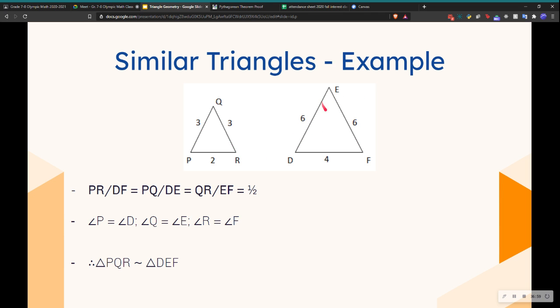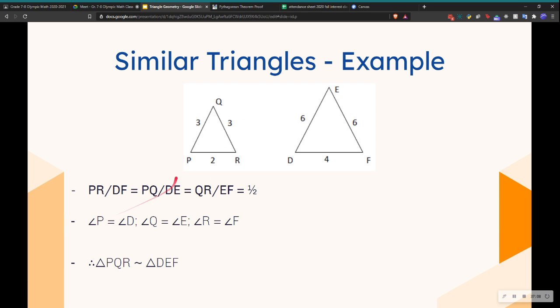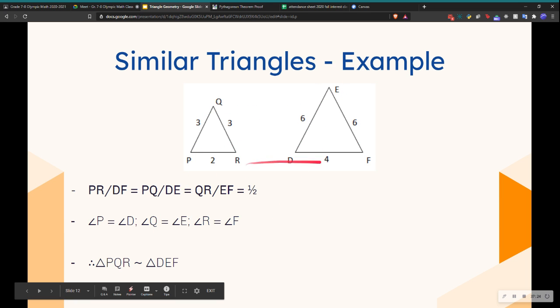That shows that these two triangles are similar to each other. And if you know that these two triangles are similar to each other, that means you have angle P. I should have said QPR, but I decided to just use one letter angles for now. So angle P over here is equal to angle D. And angle Q would correspond to angle E, and then angle R would correspond to angle F. Those are equal.